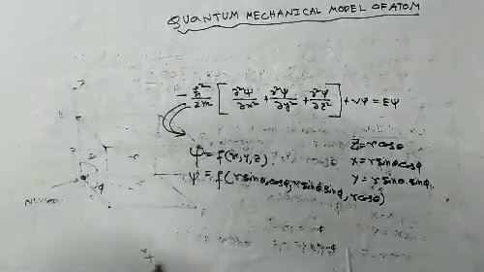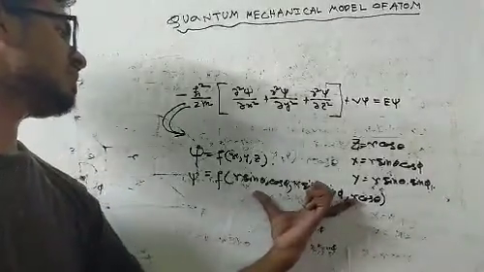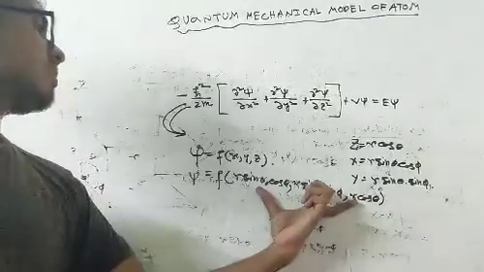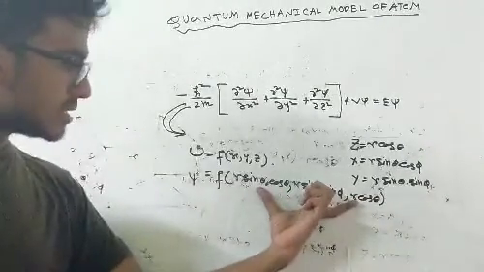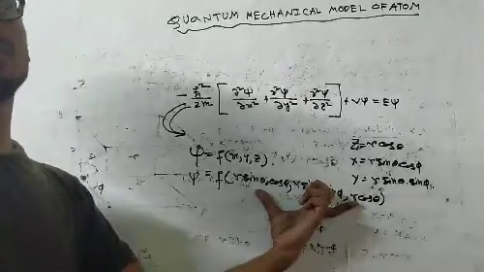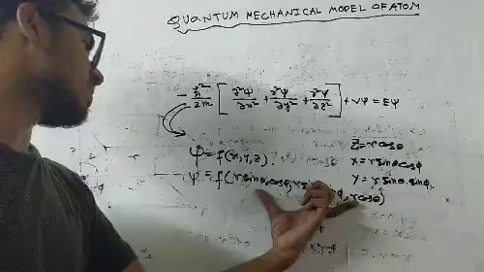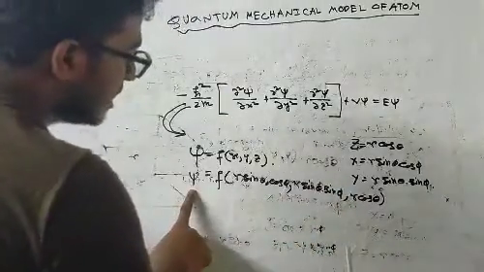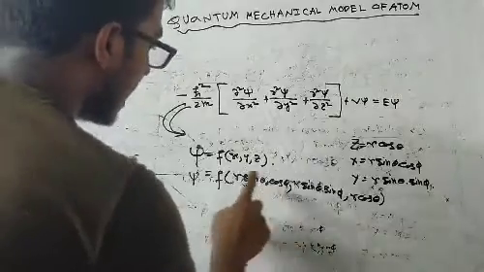Okay, so in this independent variable region, instead of x, y, z, I am seeing r, theta and phi in the form of trigonometric functions. That means now my psi depends on theta, phi and r.